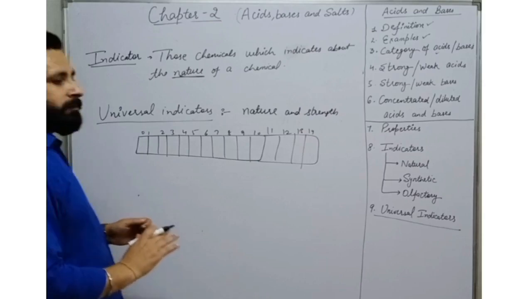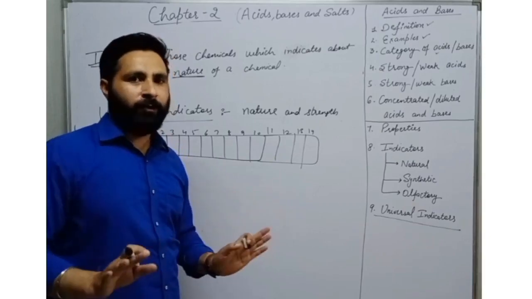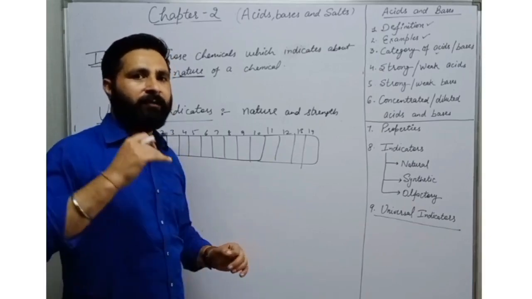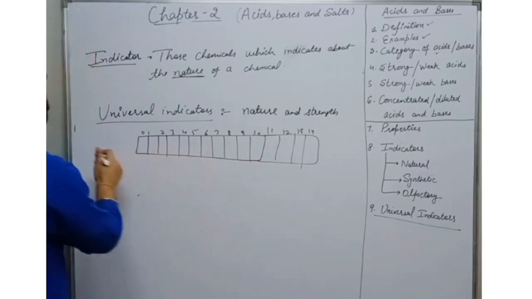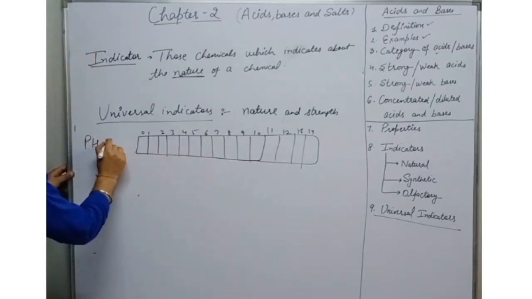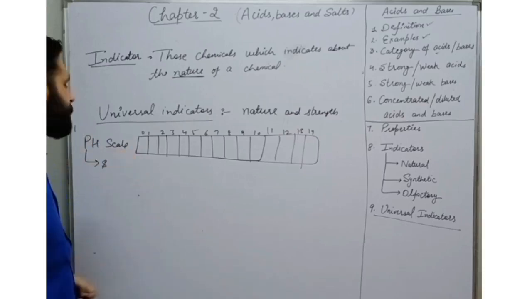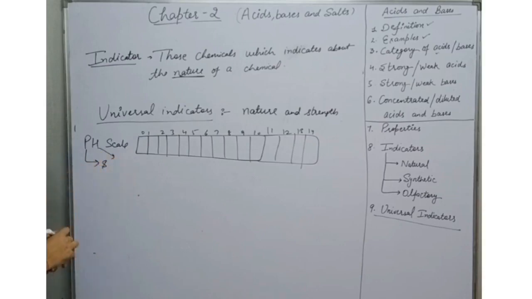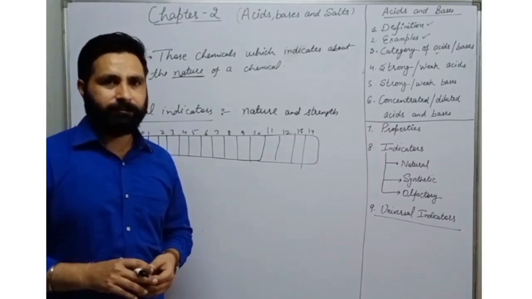Because range of acidity and basicity lies between 0 and 14 only. Never less than 0 and never more than 14. So universal indicator is having a pH scale. It is a pH scale where P stands for strength, power, and H for hydrogen ions concentration.